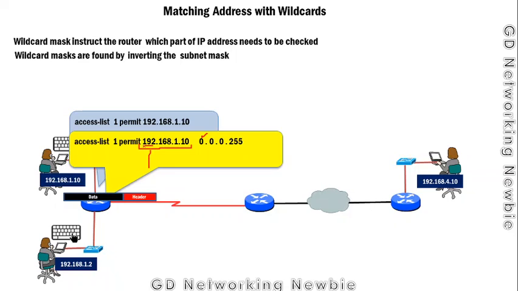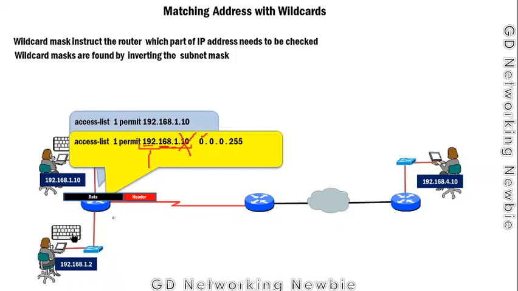This part must match, this part must match, and this part must match, and forget about the last octet, whatever value is there. If only these three octets match, then make the decision, which can be deny or permit.